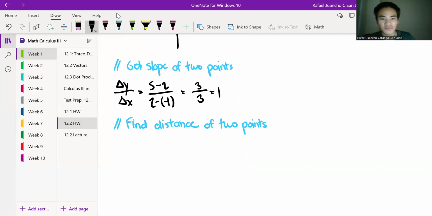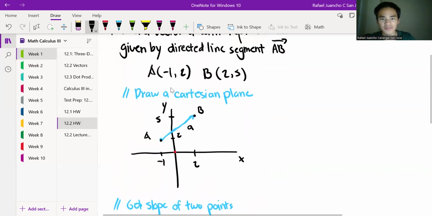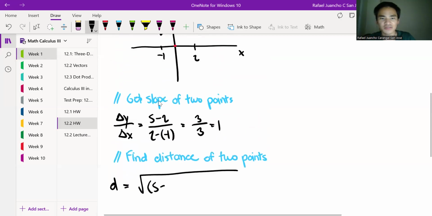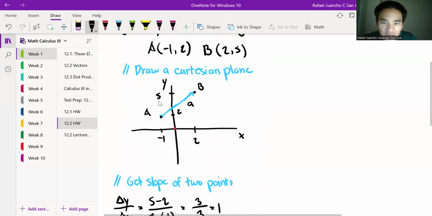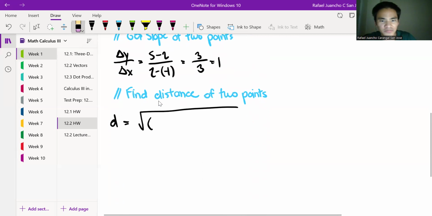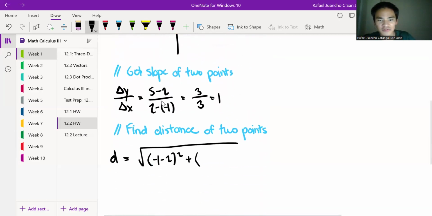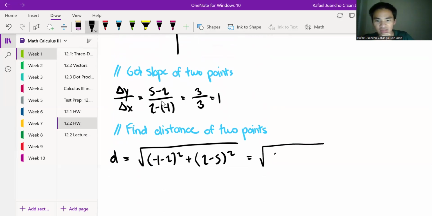For the distance of the 2 points, we can use the distance formula in 2D. So it's going to be -1 minus 2, then we square that, and then 2 minus 5, then we also square that. Then we get 9 plus 9, so we get 18, square root of 18.